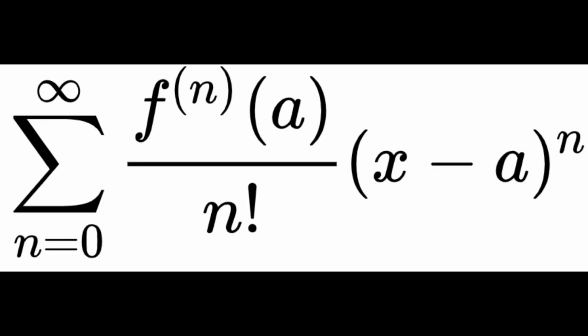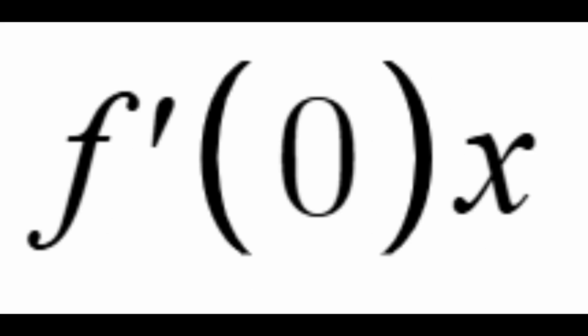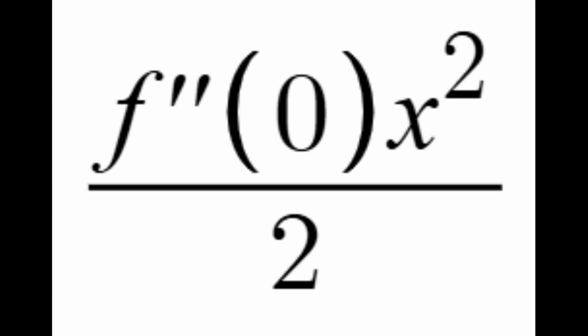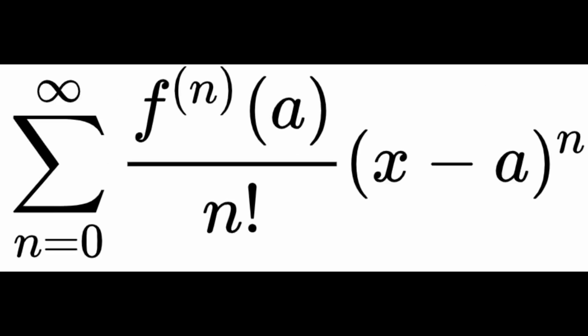With the derivative of a function, we can create a thing called a Taylor series, which is a representation of the function. How this works is we take the value of the function at 0, and we add that to the value of the derivative at x equals 0 times x, and then the second derivative divided by 2 times x squared, and so on following this formula.